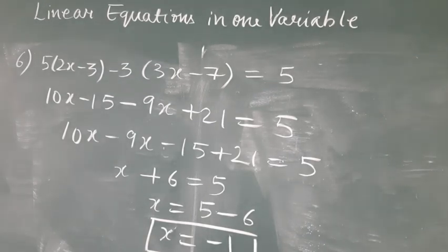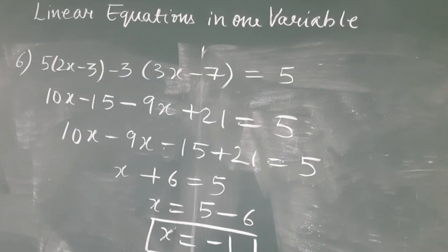Now collecting all the like terms together, so 10x minus 9x minus 15 plus 21 is equal to 5. Now 10x minus 9x will be x, and minus 15 plus 21, plus minus minus, the sign of the greatest number applies. So the greatest number is 21, so the result will have a positive sign. So 21 minus 15 is 6, so it will be x plus 6 is equal to 5.